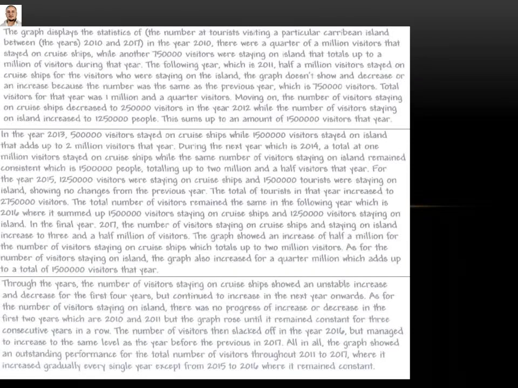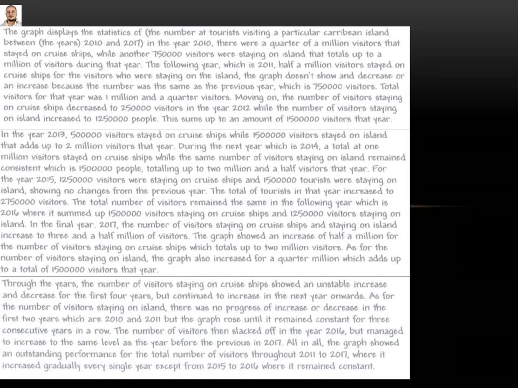For the year 2015, 1,250,000 visitors were staying on cruise ships and 1,500,000 tourists were staying on island, showing no changes from the previous year. The total of tourists in that year increased to 2,750,000 visitors.